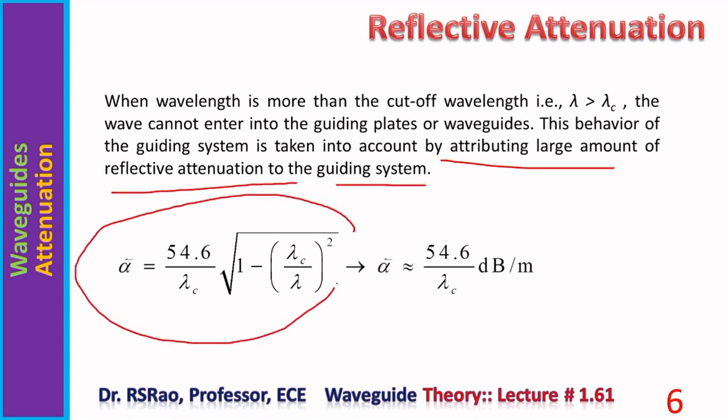In dB, it can be shown very easily. The attenuation constant due to reflective attenuation is 54.6 by lambda c multiplied by square root of 1 minus (lambda c by lambda) whole square. That is, alpha is 54.6 by lambda c decibels per meter.